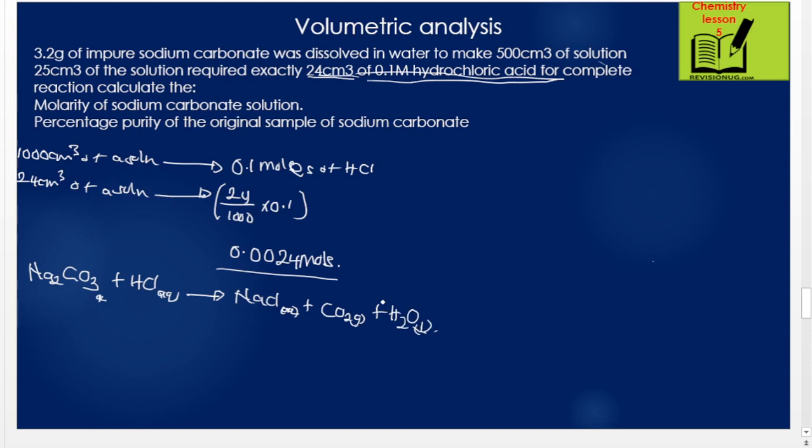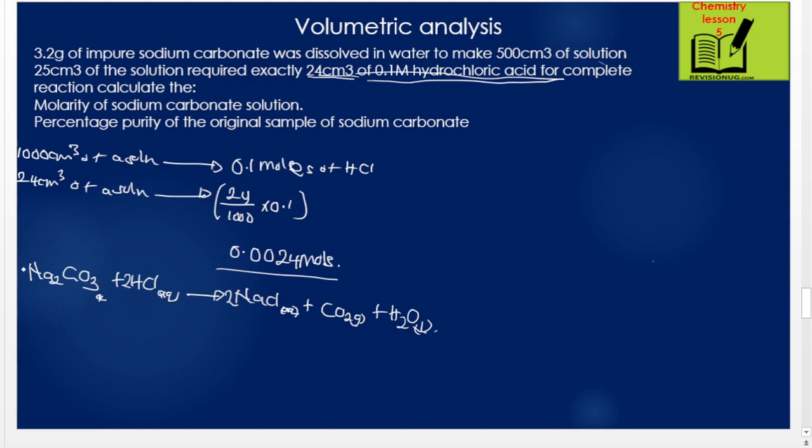I hope that you know how to complete and balance the equations, right? Sodium is there too, hydrogen is there too, chloride 2, sodium 2, carbon 1, oxygen 3. The equation is now balanced.